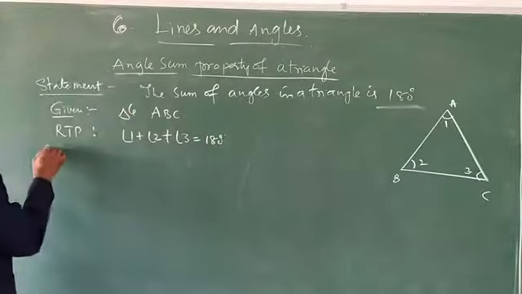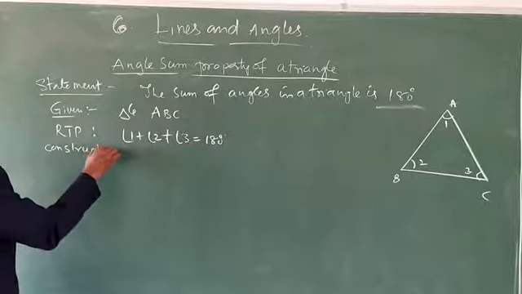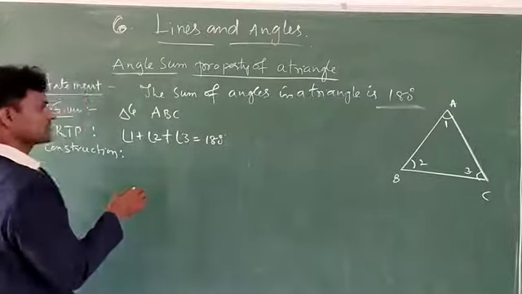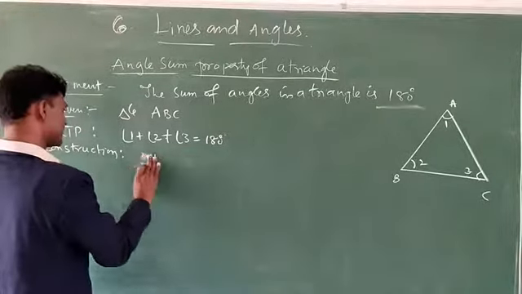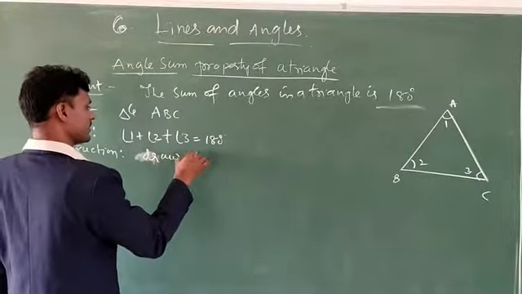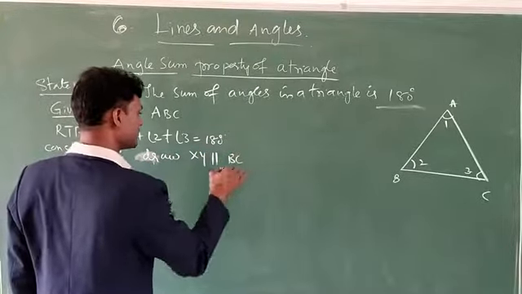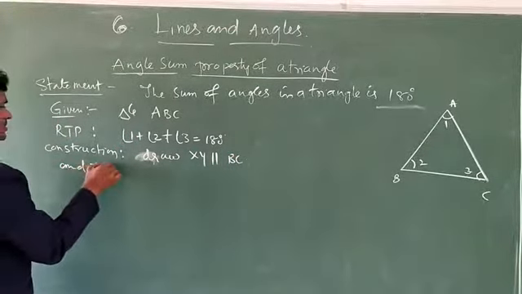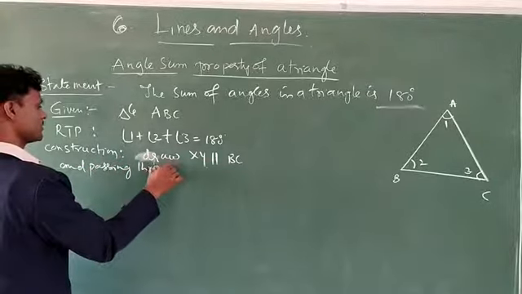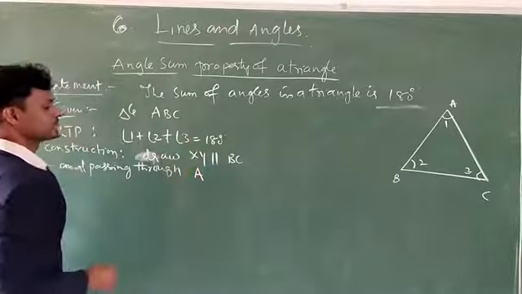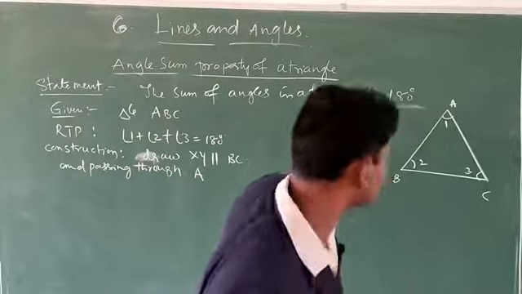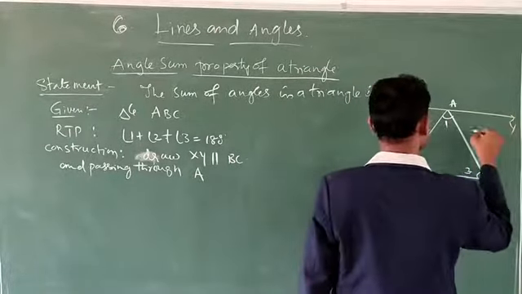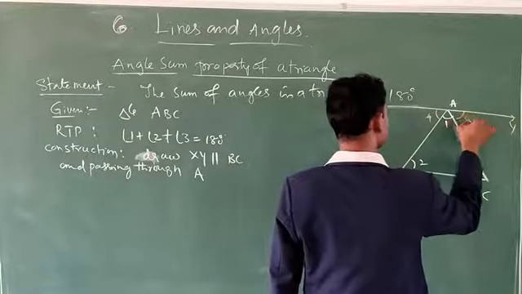Now construction: draw a line XY parallel to BC and passing through point A. Now you have to draw a line which is passing through point A. This is X, Y. Now this is angle 4, this is angle 5.